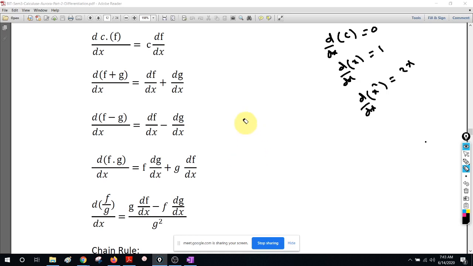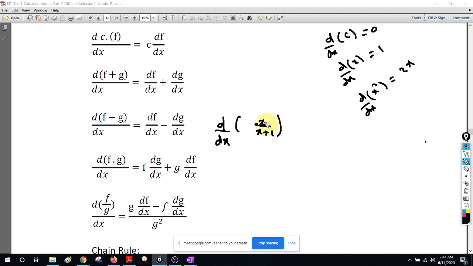So let's say I want to find d by dx of x divided by x plus 1. So I want to find the derivative of this.